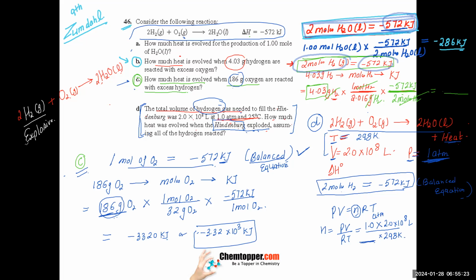The value of R will be given to you in the question paper. But they will give you two values of R. One value they will give you is 0.0821 liter ATM per mole Kelvin. Another R value they can give you is 8.314 joules per mole Kelvin.